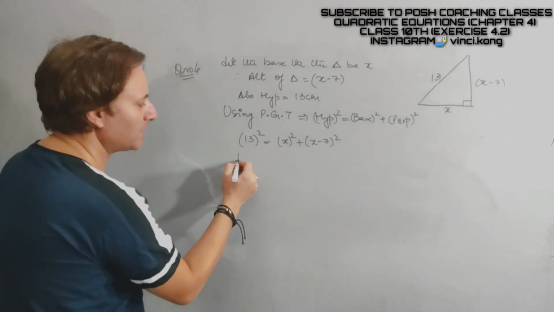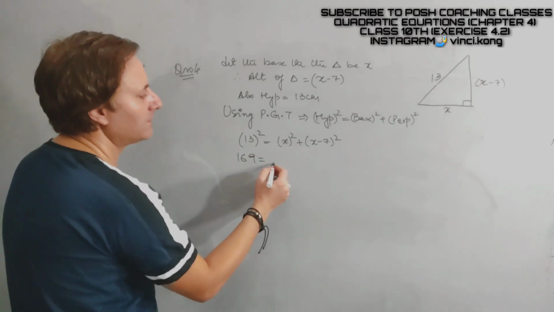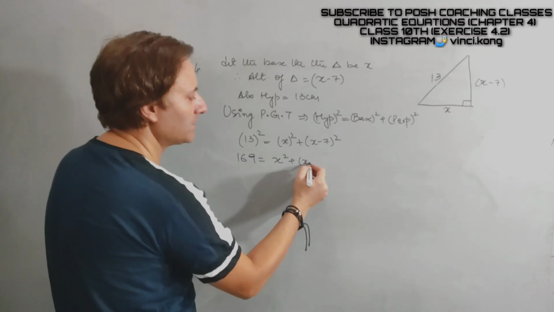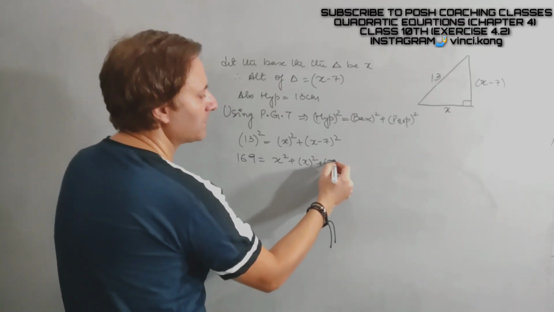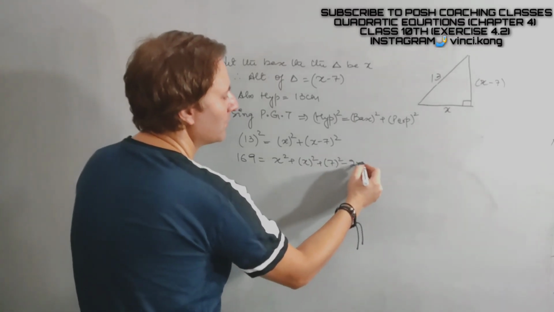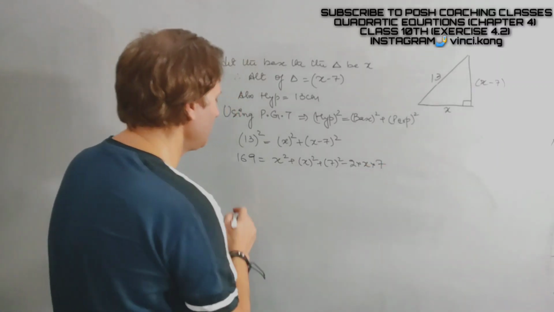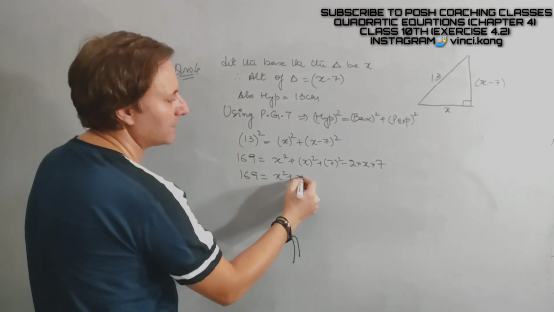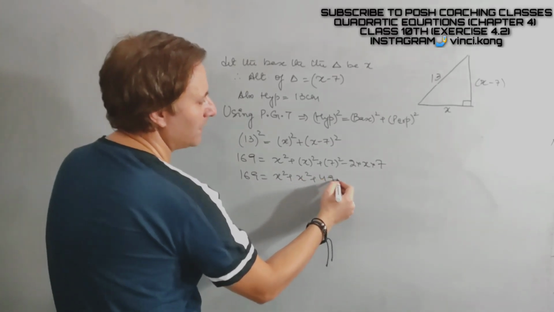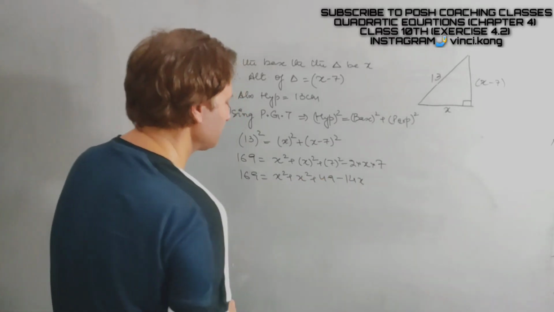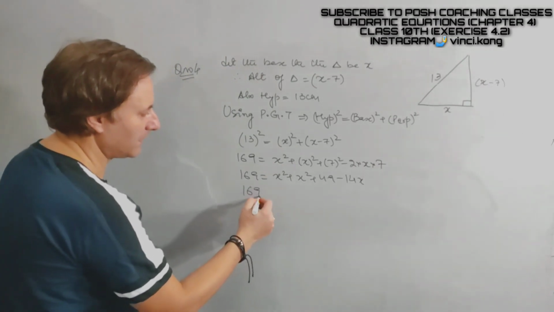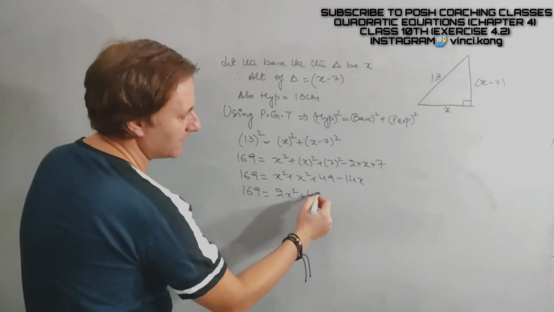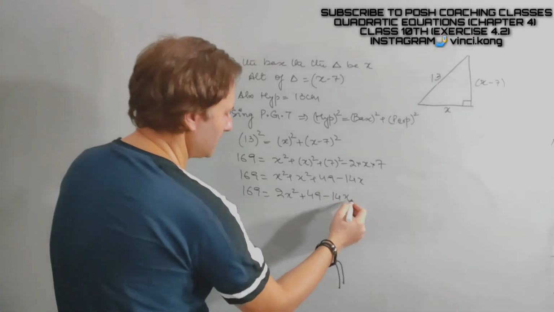Now 13 multiplied by 13 is 169. Then we have x square. This is a minus b whole square, that is a square plus b square minus 2ab. So it is 169, then we have x square, again x square, 49, and then 14x. So 169 is twice x square plus 49 minus 14x.